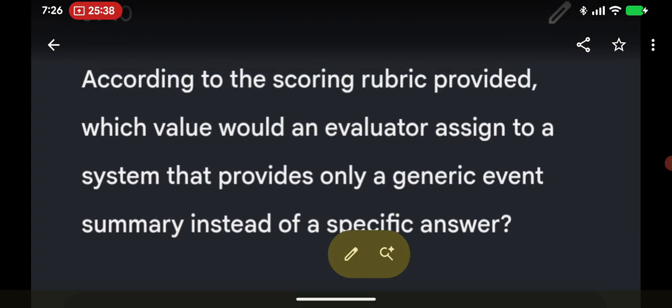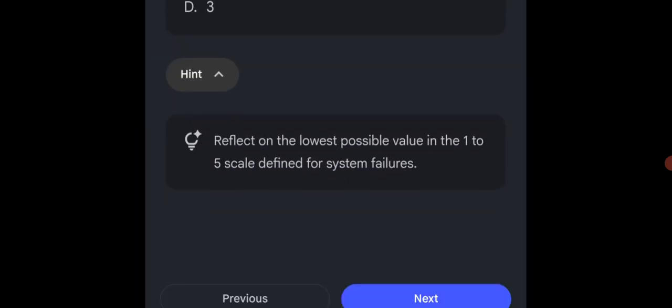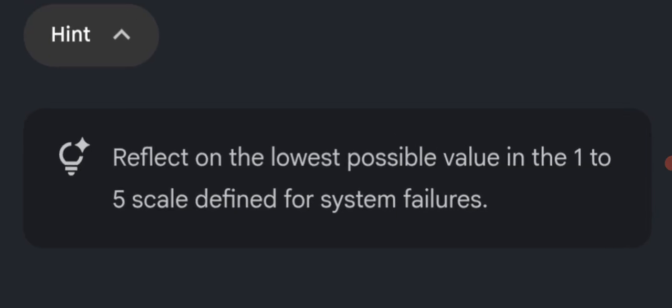Next question. According to the scoring rubric provided, which value would an evaluator assign to a system that provides only a generic event summary instead of a specific answer? Here are the options, and here is the hint.